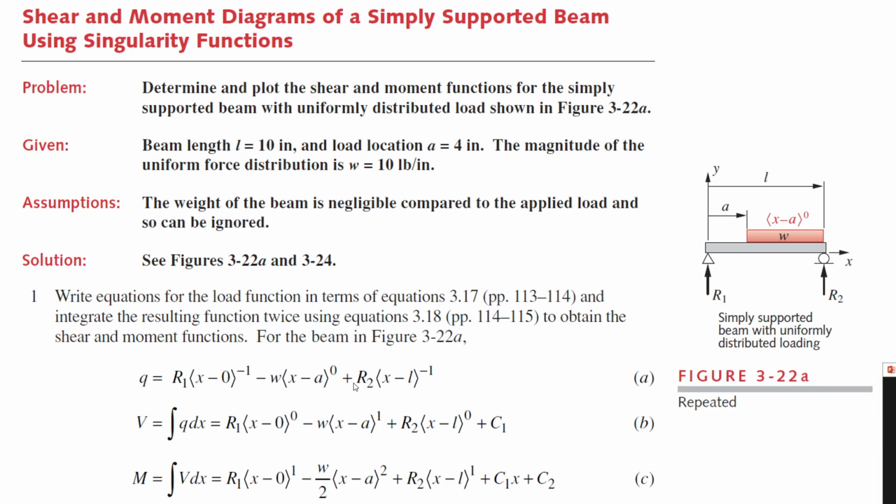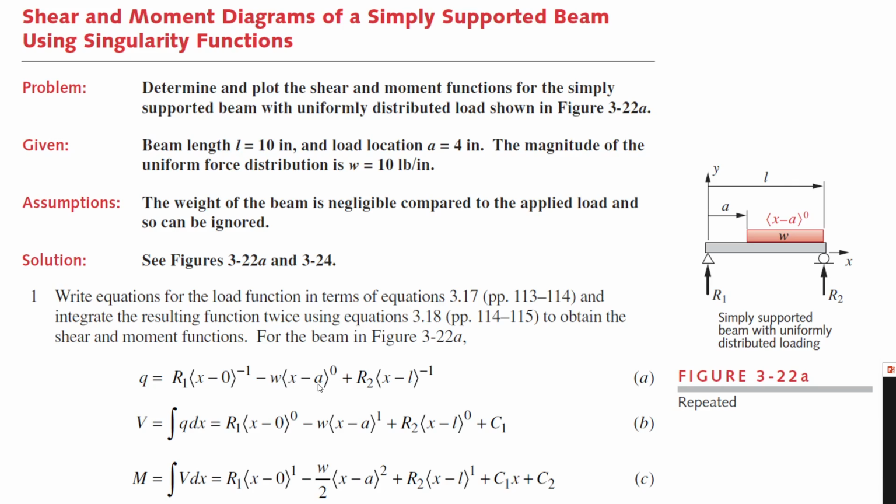Then we have another load here, that second reaction force, and in this case it's only defined at L because of this function. This is our pulse function, or impulse function. So you see these are -1, for the point loads here for the reactions at both positions. We have to put the x minus a values in for all of these. In this case, x minus a doesn't change, it stays at 0.